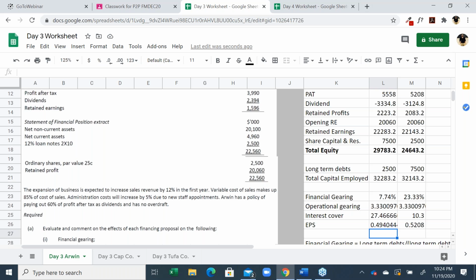So how are we going to evaluate this? Will this debt finance increase the gearing ratio or not?